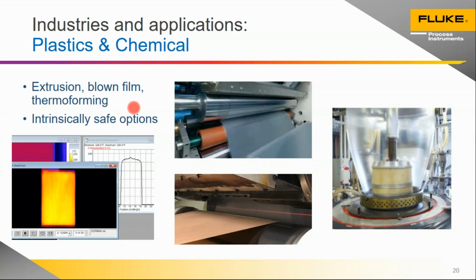In some of these plants, you'd have a need for hazardous class designations, and so we do have some of these sensors offered in an intrinsically safe option so that you could operate in an environment like that. When you have a need for something that is not offered in that way, sometimes we can offer you an enclosure or help create an enclosure so that you can operate in that kind of environment.